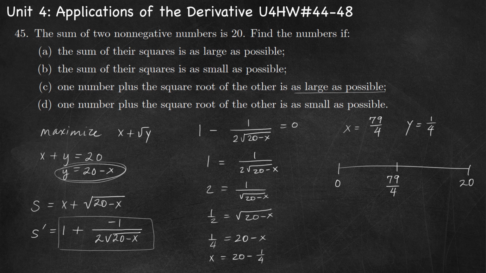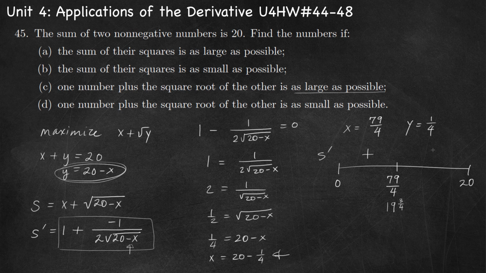That number is a lot smaller than 1, so even though it's negative, the entire sum will be positive. But 79 over 4 came from 20 minus 1/4, so that's 19 3/4. We need a number that's bigger than 19 3/4.